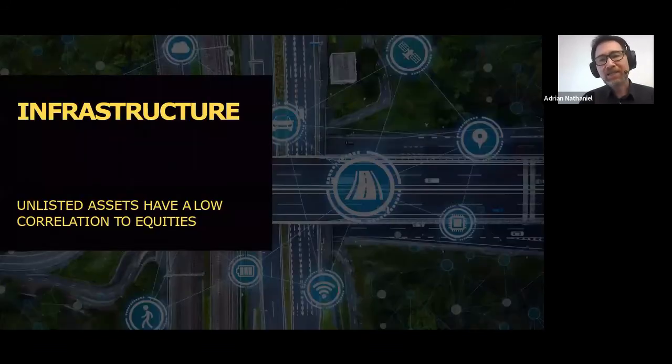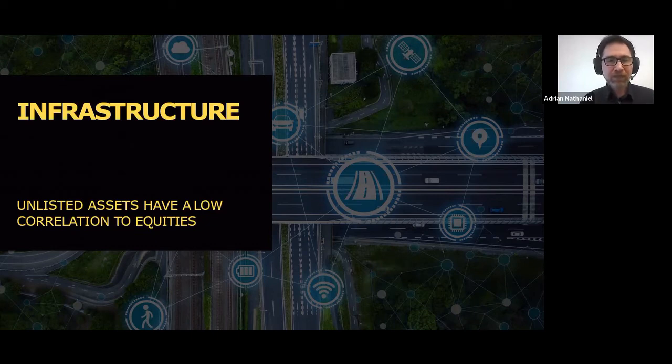Another asset class that is really worth considering in a balanced portfolio is infrastructure. Like I said before, infrastructure is all those assets that connect people, whether it be roads or transportation. It's even in the area of digital infrastructure as well, which is the internet and mobile technologies.